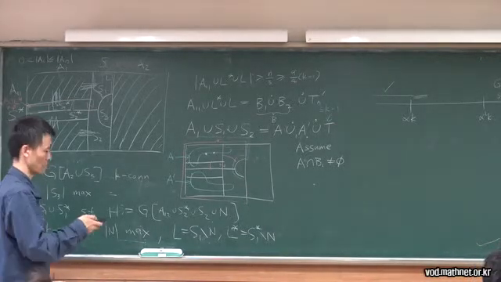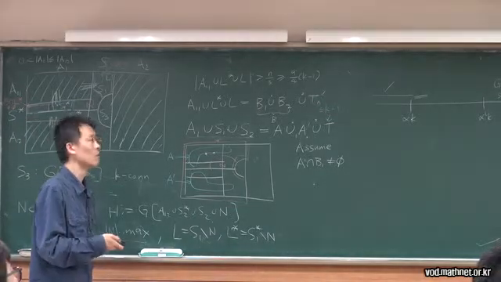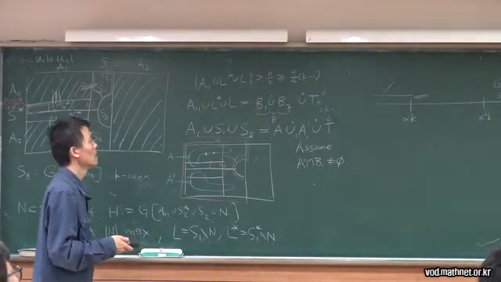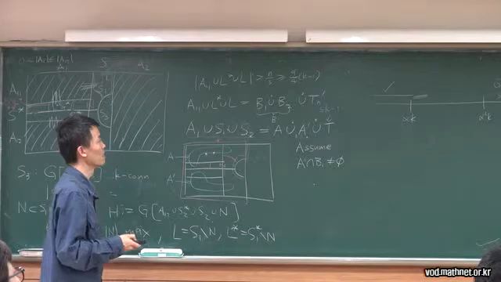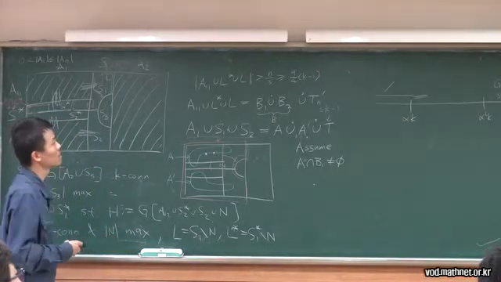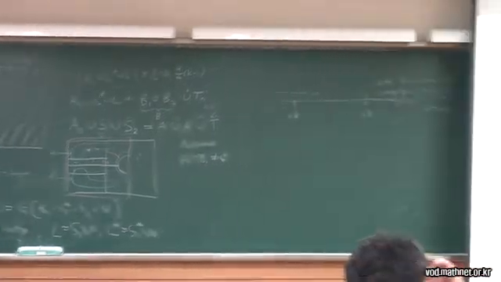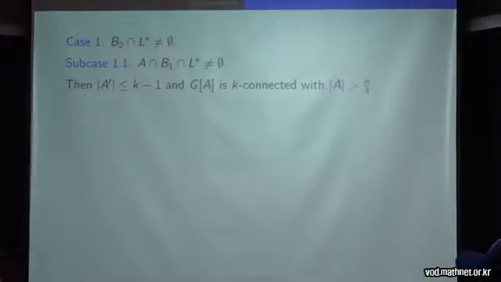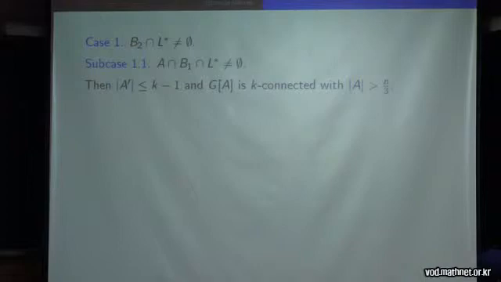Now I'm going to divide into 2 cases. So case 1, so we're going to look at in here, and we ask, is there a vertex of B2 in this set here? So the first case is we assume yes there is, and subcase 1 is that there.